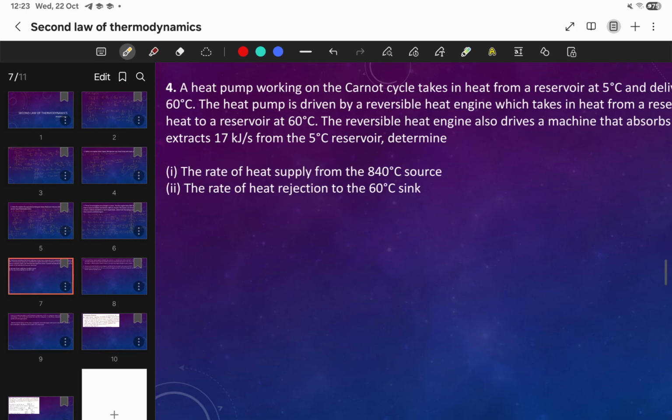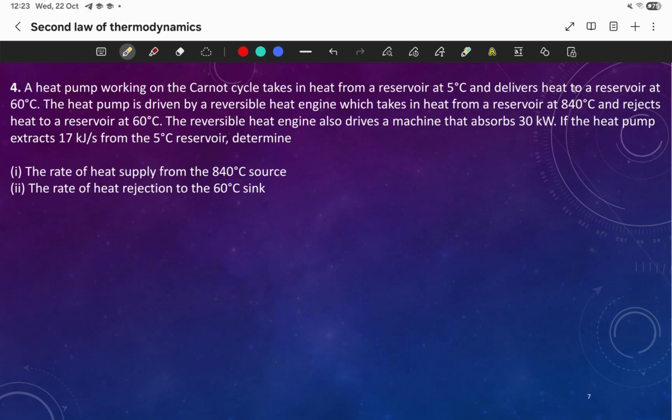This is question number 4. A heat pump working on Carnot cycle takes in heat from a reservoir at 5 degrees Celsius and delivers heat to a reservoir at 60 degrees Celsius. Let's try to draw this.